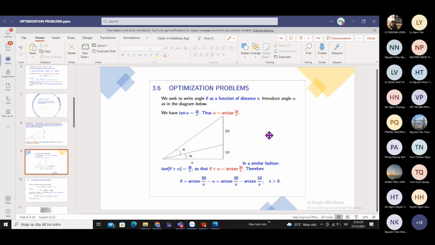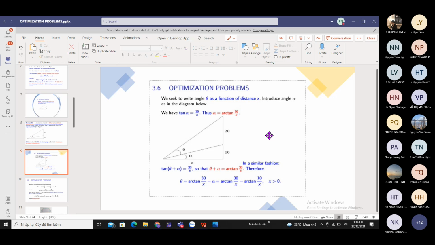Similarly, tan of theta plus alpha equals 30 over x, right? 20 plus 10 gives you 30 over x. And that's why theta plus alpha is just tan inverse of 30 over x. So theta here is just tan inverse of 30 over x minus alpha. It means theta is given by tan inverse of 30 over x minus tan inverse of 10 over x.